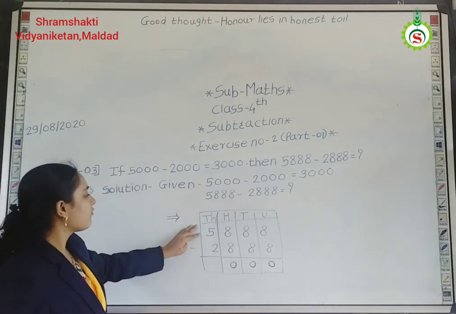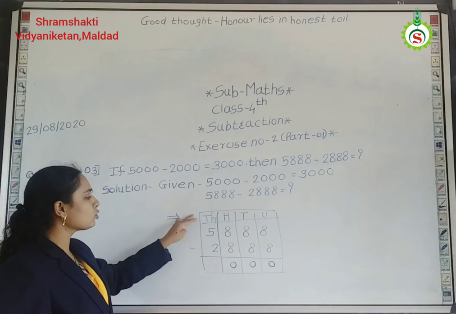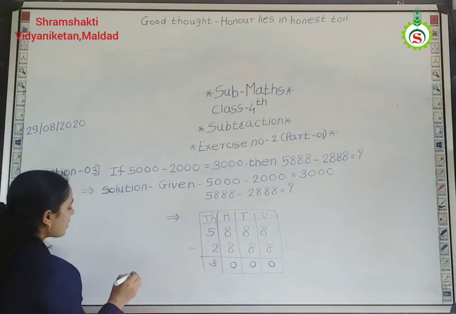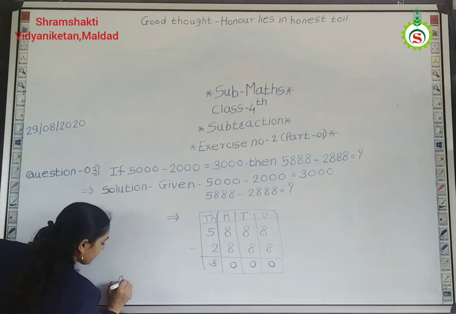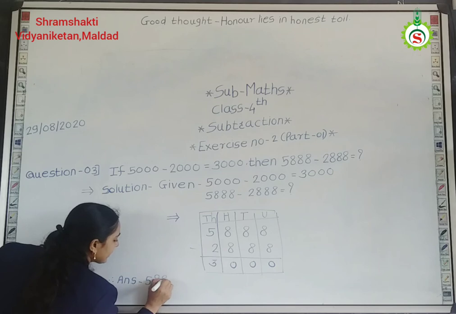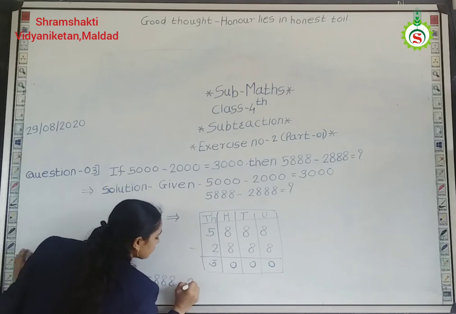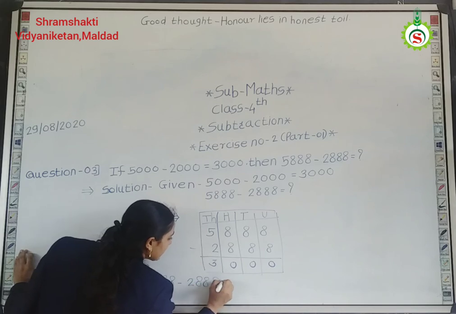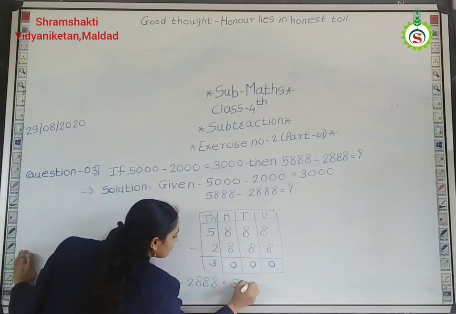And last, 5000 minus 2000. 3000. Therefore our answer is 5888 minus 2888 is equal to 3000.